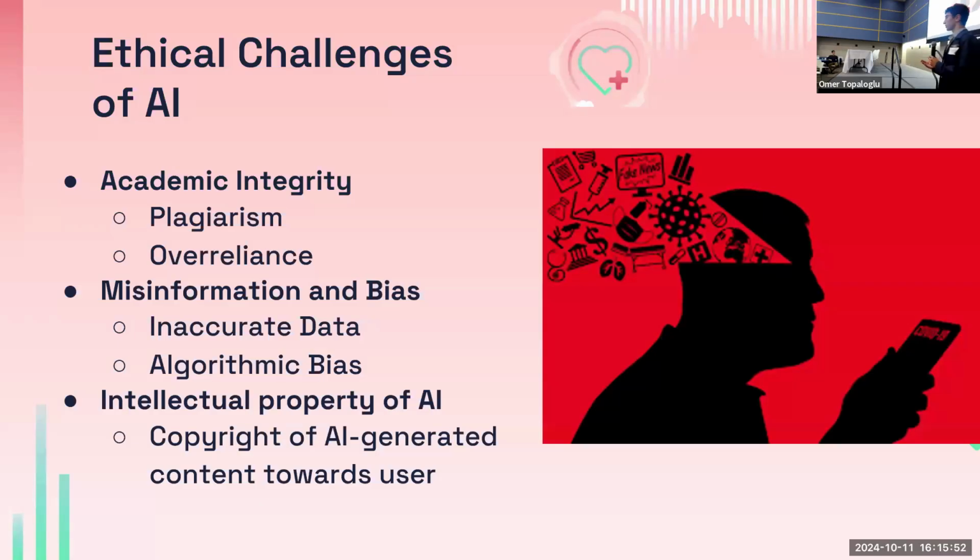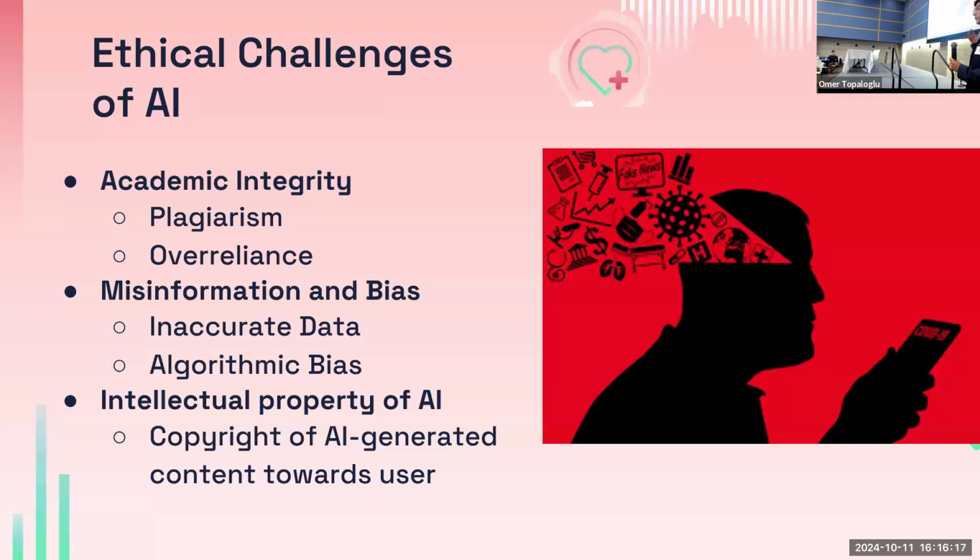And now, of course, with AI, there are always some cons and there is always some regulation that must be maintained. So some ethical challenges of AI include academic integrity. Many students can use AI to plagiarize and over-rely on AI for assignments and not use their actual critical thinking abilities to improve their learning and understanding.